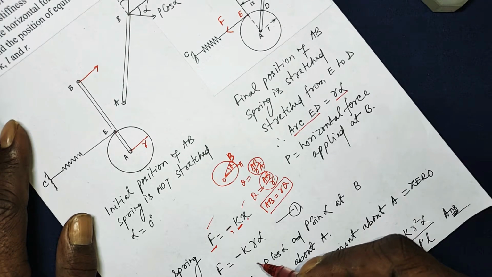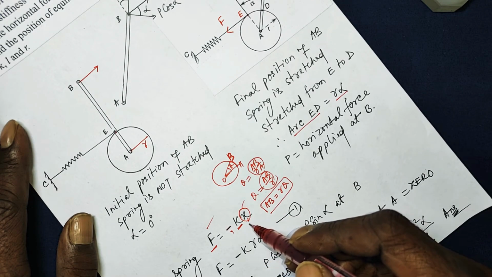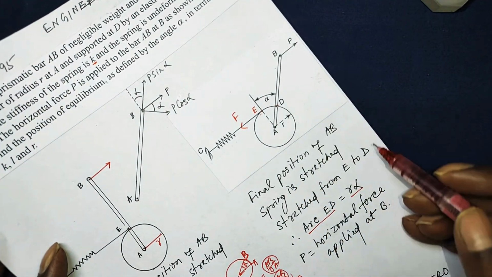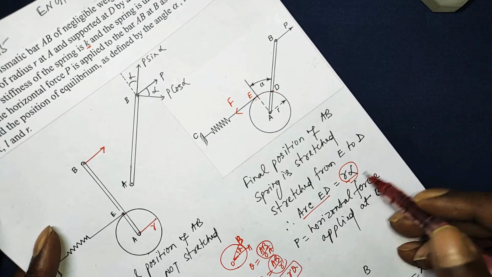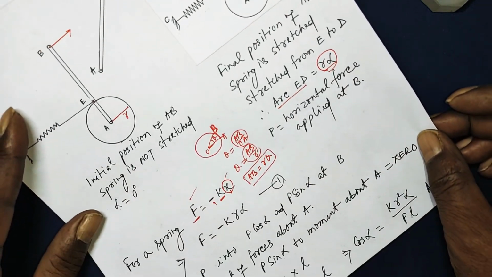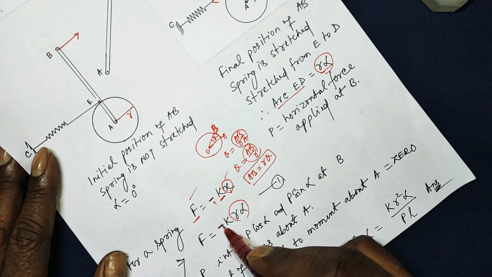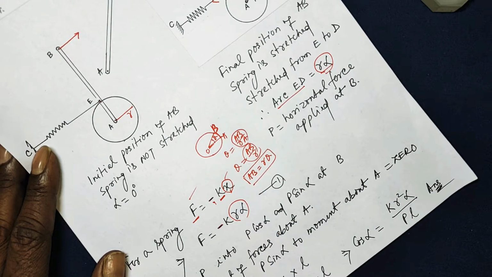So here in this case, our x is the stretch from E to D, and that will be equal to R alpha. So for x I put R alpha. The negative sign only indicates direction.